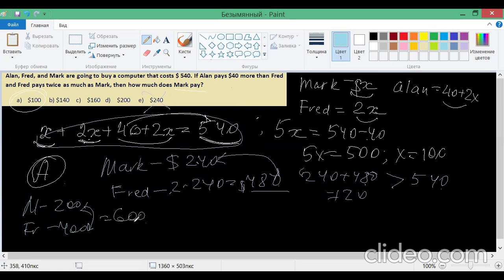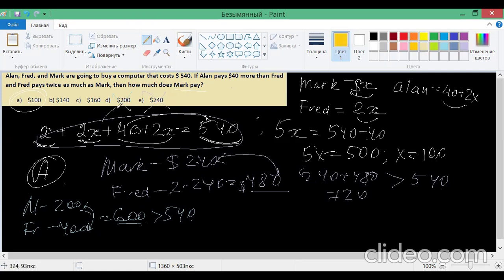And again, the same situation. 600 is more than the price of the computer, and it excludes Alan from the financial corporation. But we know for sure that Alan does give his money. In this case, we got a logical contradiction, right? And we should exclude this option too.